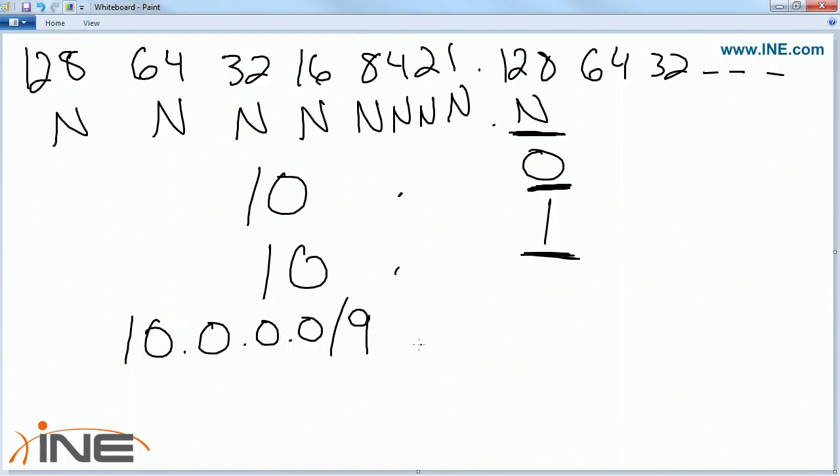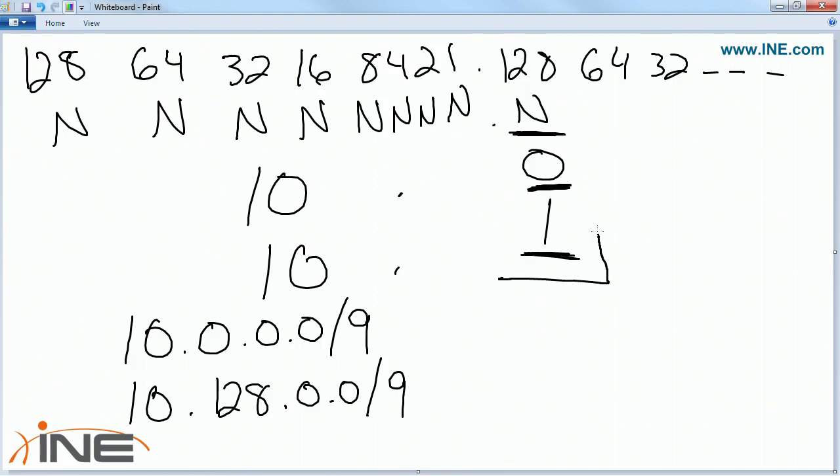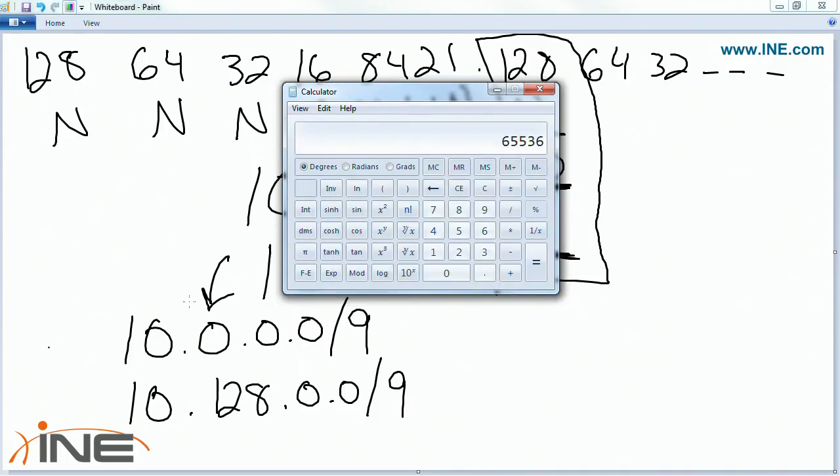10.0.0.0/9, because we borrowed 1 more bit, or 10.128.0.0/9. Because this bit here, what was previously in the second octet as the host, is now part of the network field. So we're breaking it up into 2 subnets. They're the .0 and the .128 subnet, which means that we have 23 bits left over for the hosts.